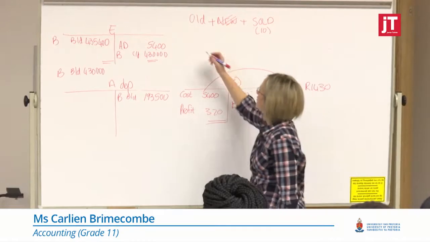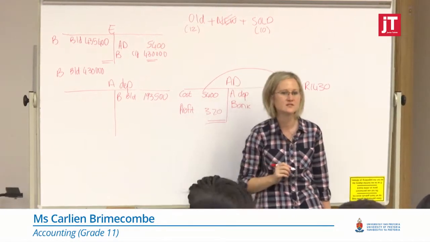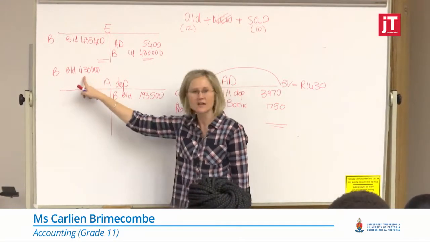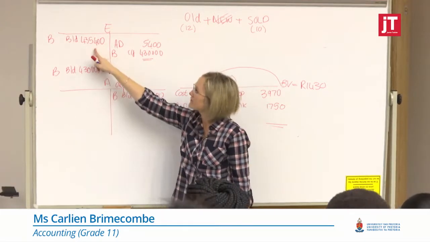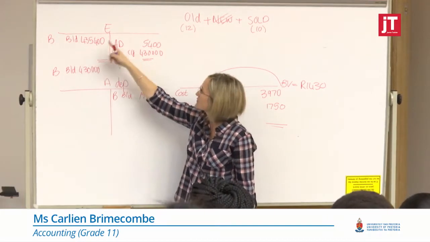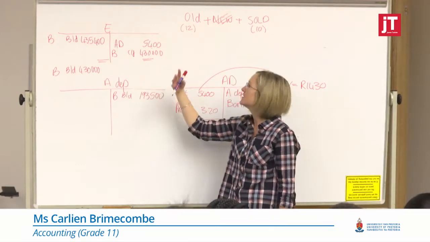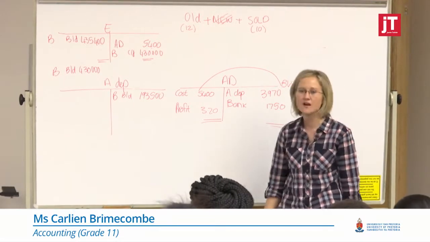Calculating depreciation on the old is always for 12 months. So this is why you can actually just take the balance at the end, the 430,000, because 435,400 minus 5,400 equals that which you had since the beginning, which is 430,000.